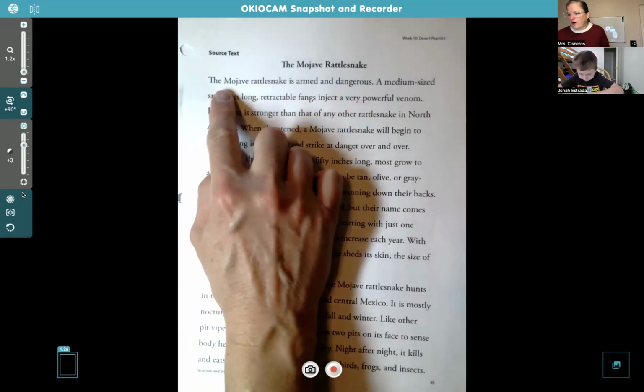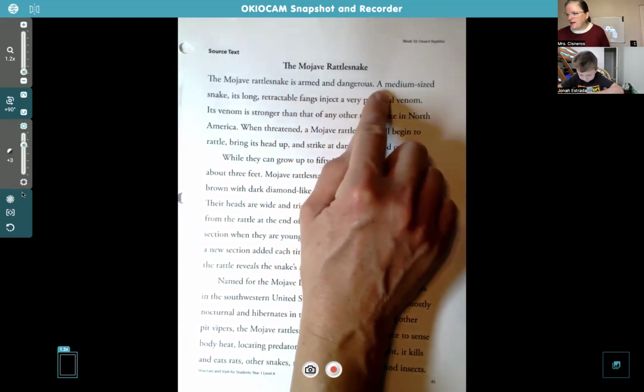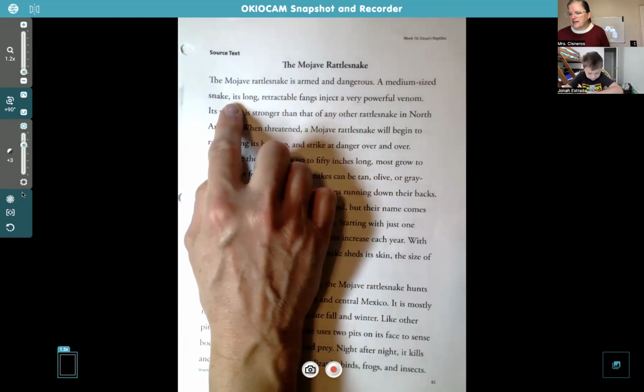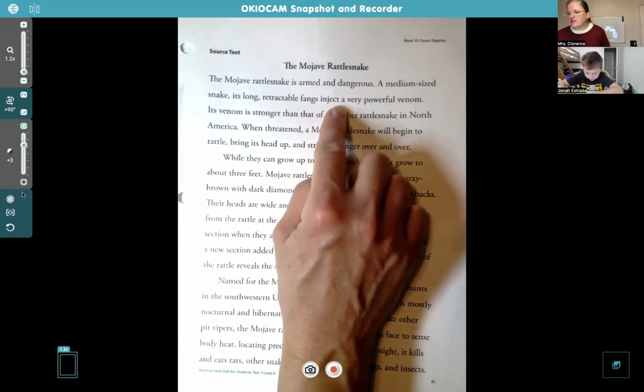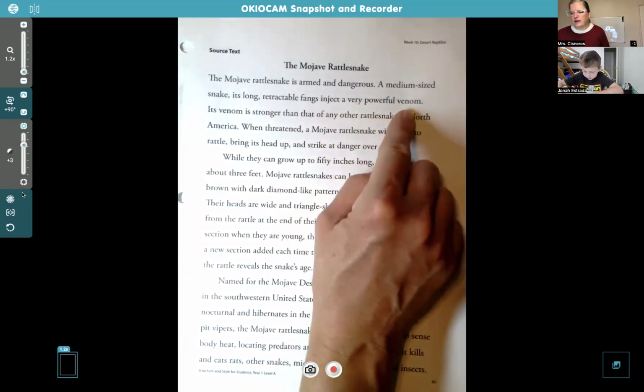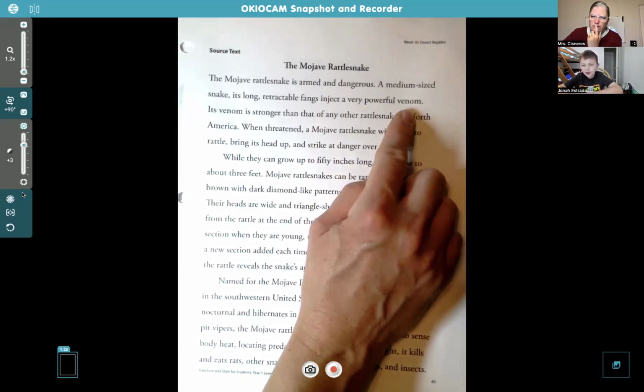It says the Mojave rattlesnake is armed and dangerous. A medium-sized snake, its long, retractable fangs inject a very powerful venom. By the way, do you know what retractable means? Kind of like reusable?